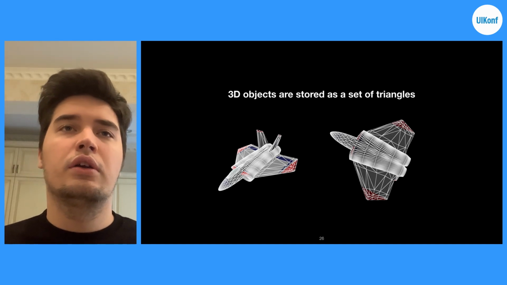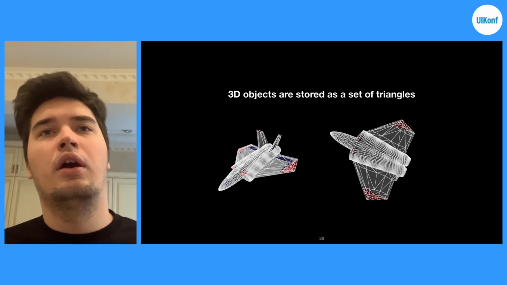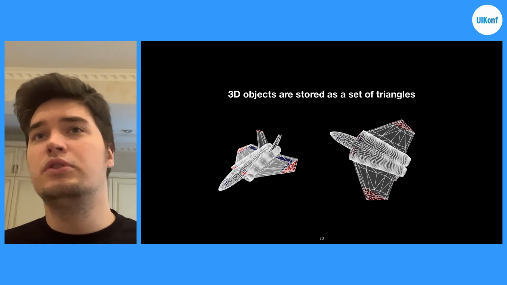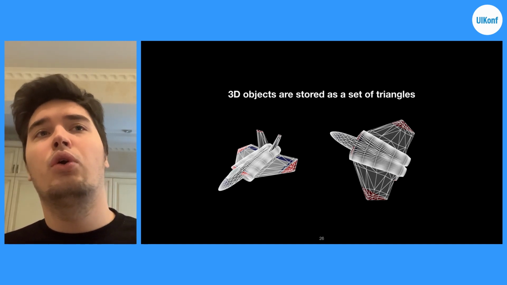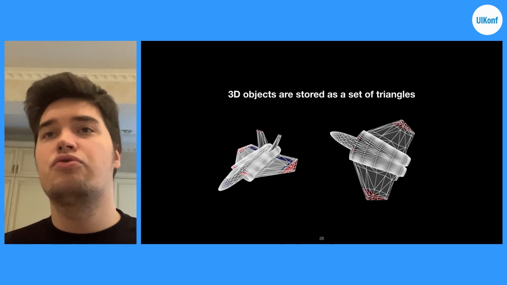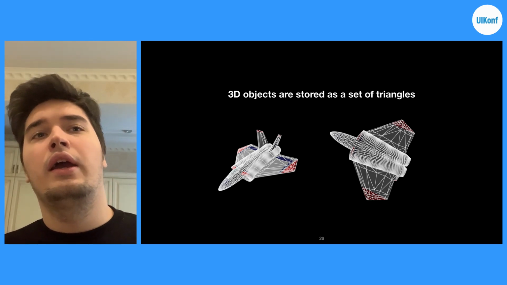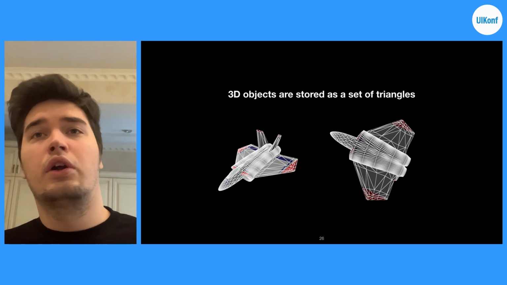But going back to the rendering process, one thing that you probably know, but we'll cover quickly, is that all 3D objects are just a set of triangles composed together and stored in their own coordinate system.